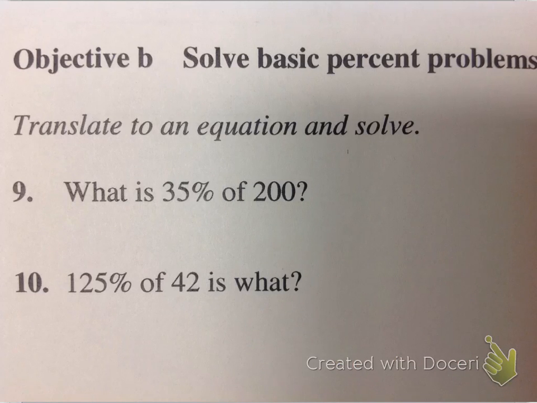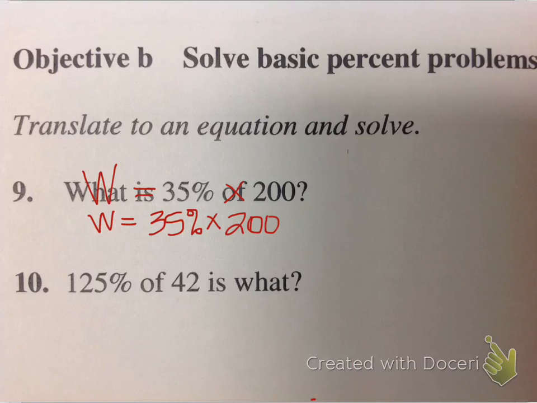Now let's actually translate and then solve. All we've done so far is translate, so now let's take it one step further. So let's go ahead and translate first. What is 35% of 200? So what is 35% times 200?